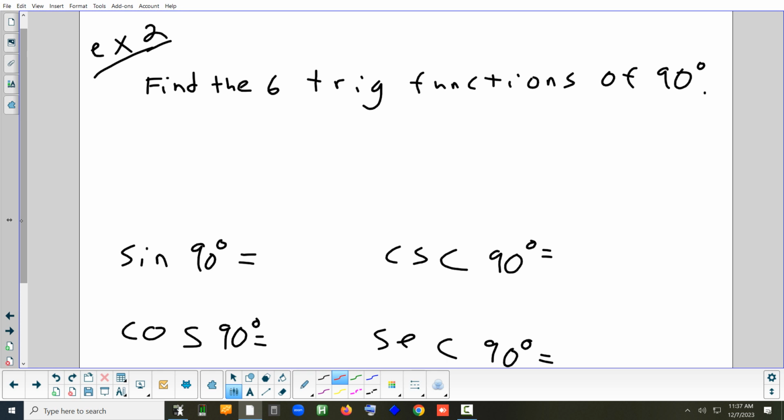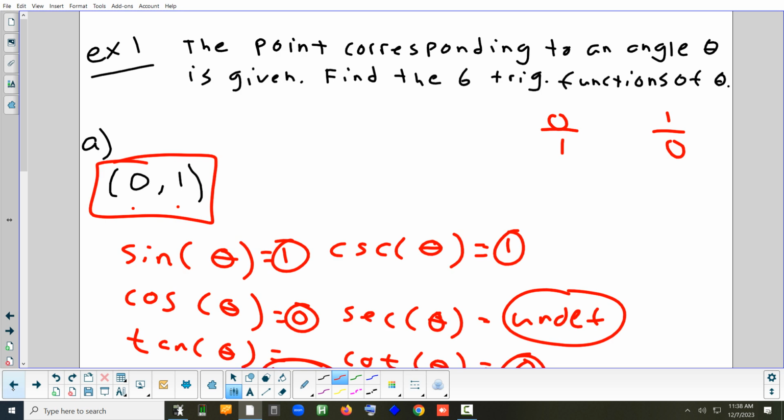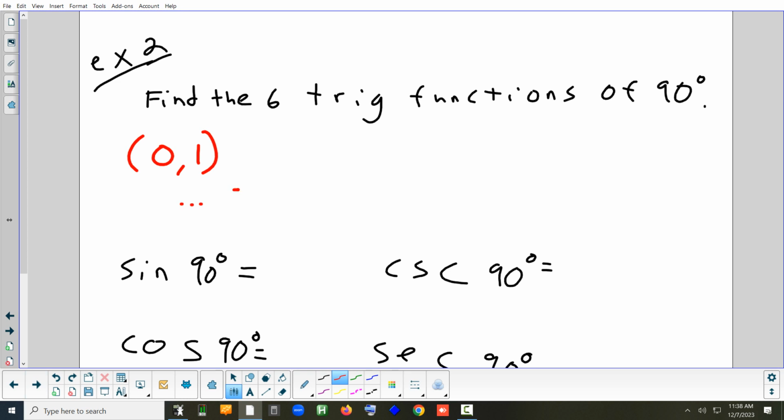What's the coordinate for 90 degrees? 0, 1. And that is the problem we just did, so it's all the same answers as example 1a. The only extra step was finding the coordinate first.